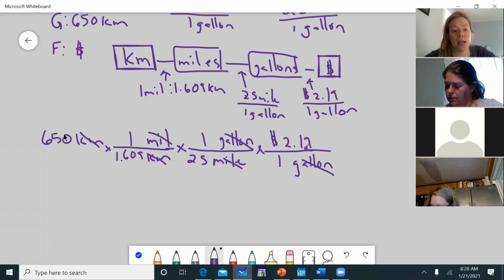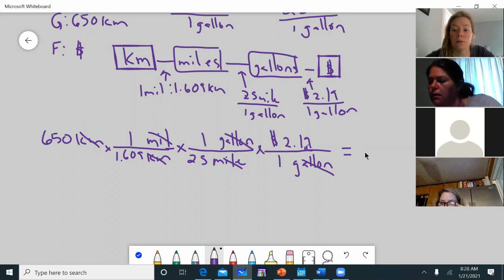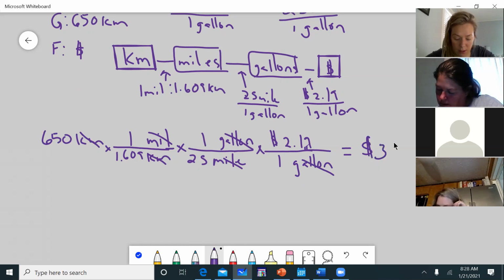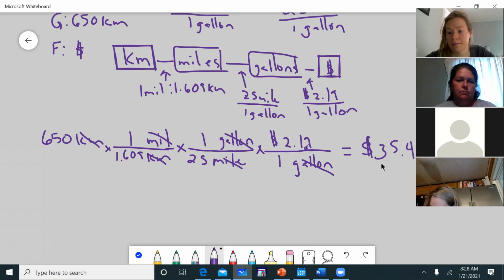When you're plugging this into your calculator, you can divide by this thing, hit equal, and then divide by the next thing, or you can chain them together. At the end of it, I got, I'm going to do 3 sig figs, $35.40.